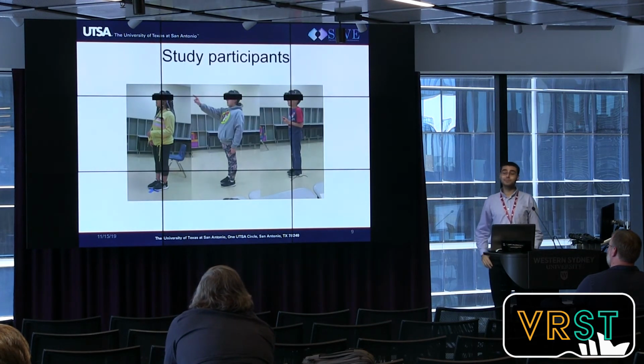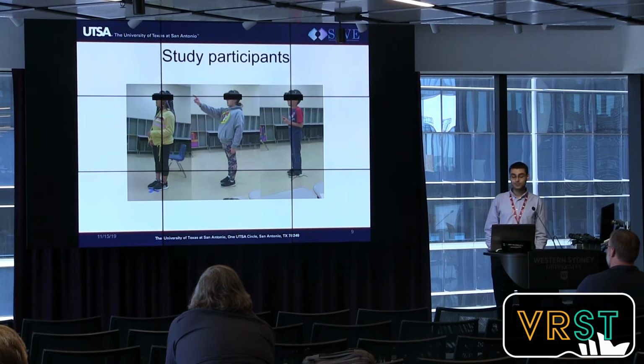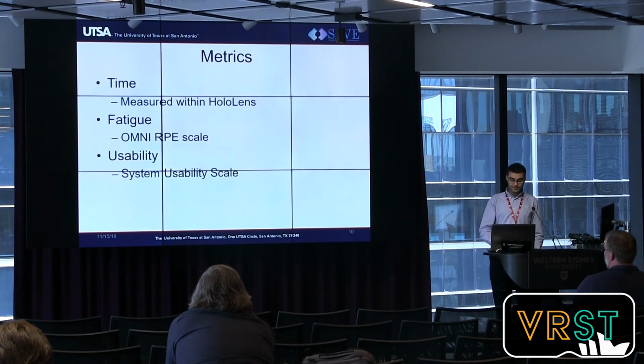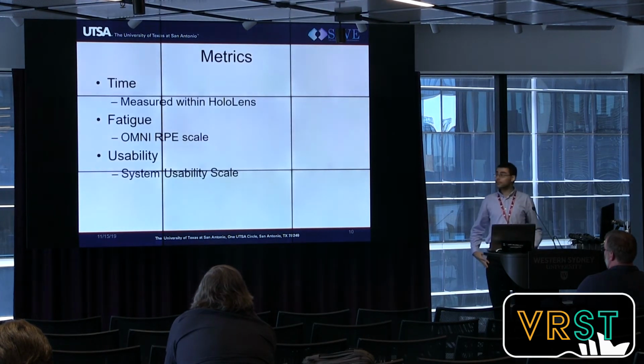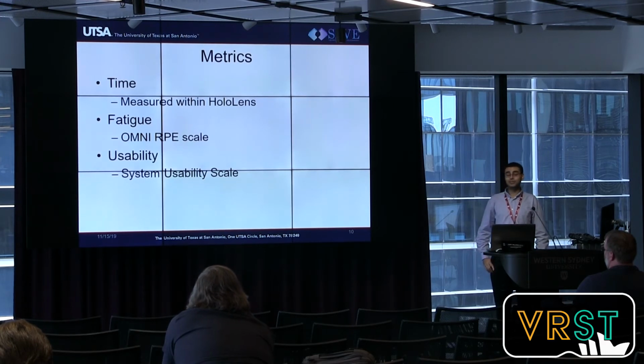So for our participants, we had several children, average age of 10 years old, and they were all from an elementary school nearby in Texas. So for our metrics, the time was simply measured within the HoloLens.